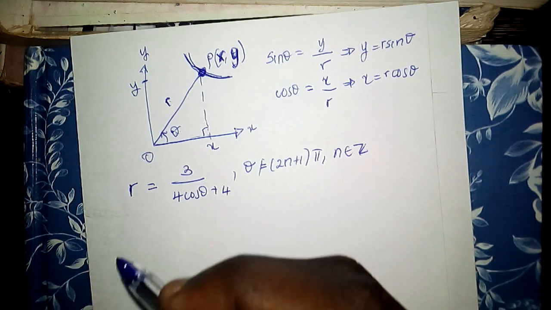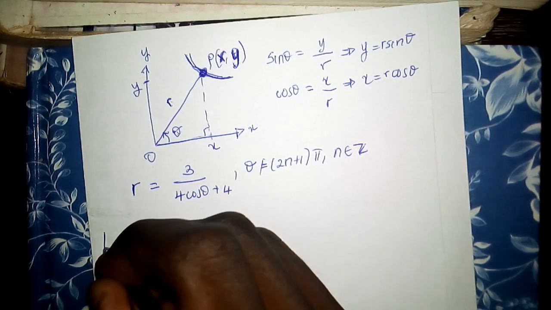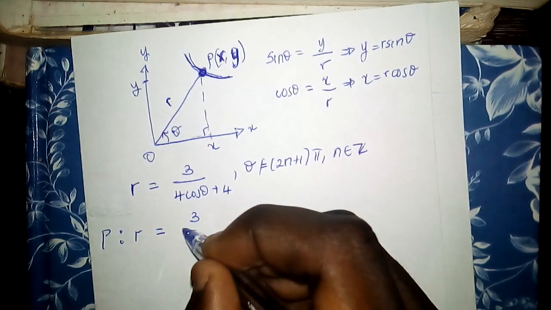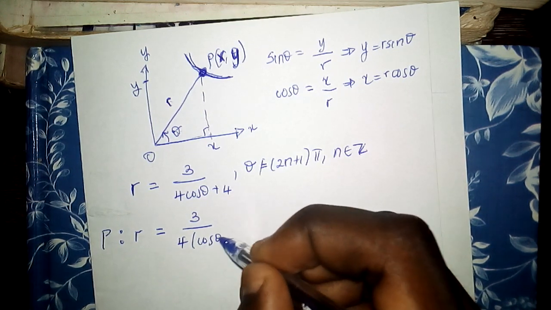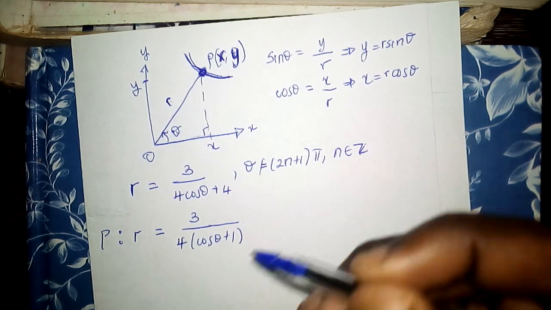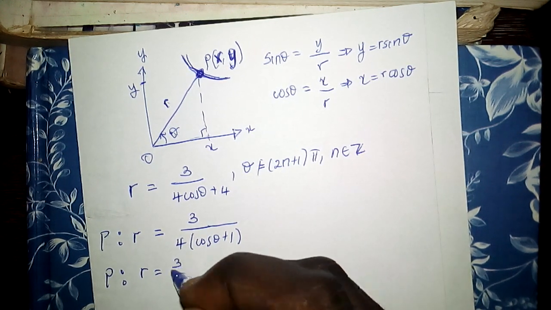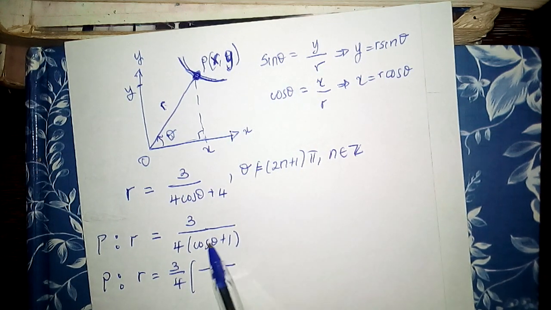Alright, so here we are going to have r is equal to, so that's my parabola P. r will be equal to 3 divided by 4, as 4 is a factor in the denominator, we get cos theta plus 1. Okay, so my parabola P, r will be equal to 3 divided by 4, 1 divided by, what's the value of cos theta?